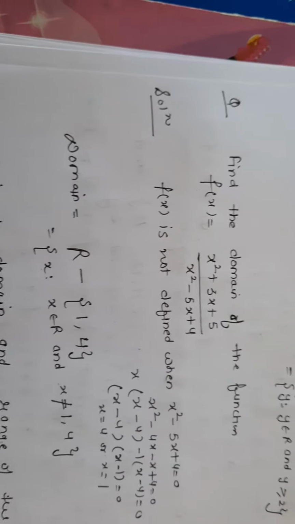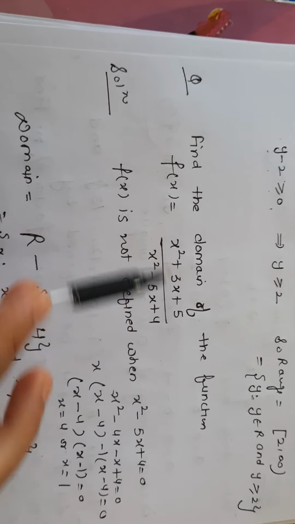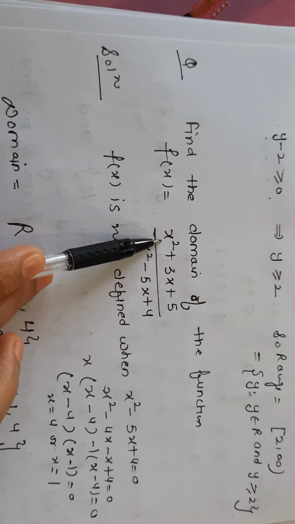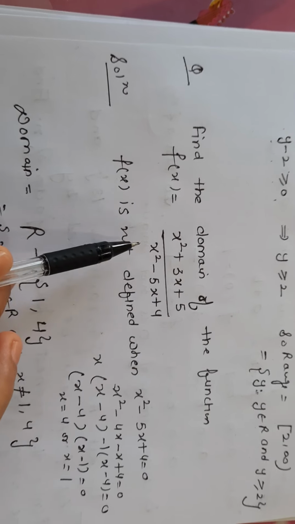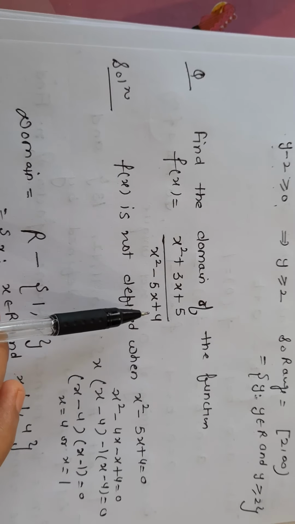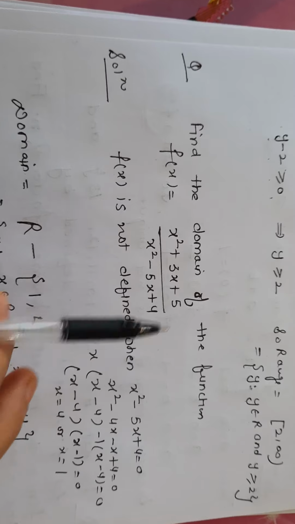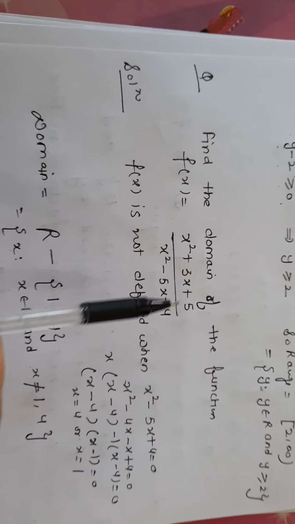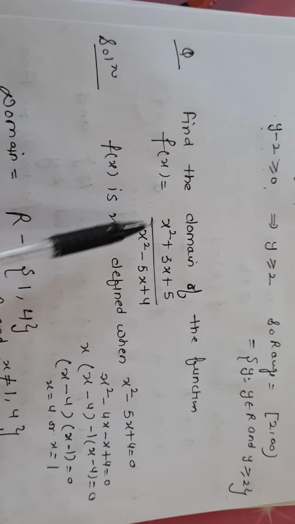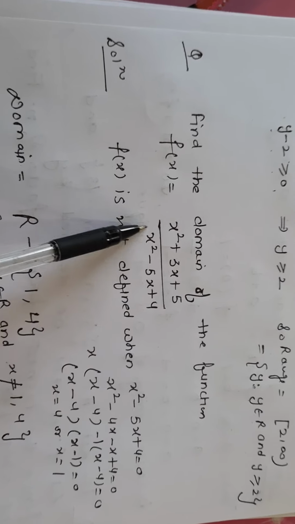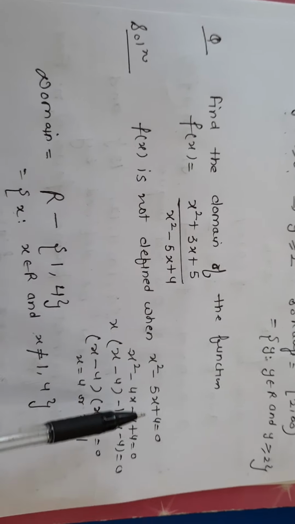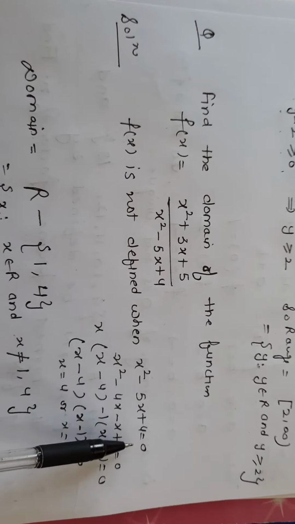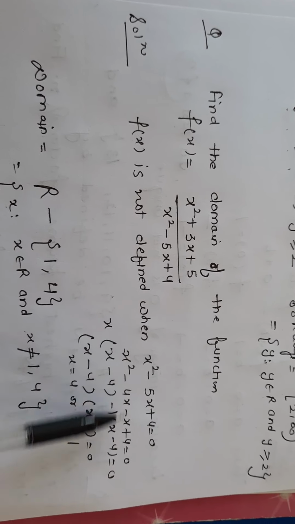Next question, find the domain of the function f of x is (x square plus 3x plus 5) upon (x square minus 5x plus 4). We know that domain is those values of x for which your function is defined. Now clearly this is a rational function. This is not defined when the denominator is 0. From here you factorize this equation.